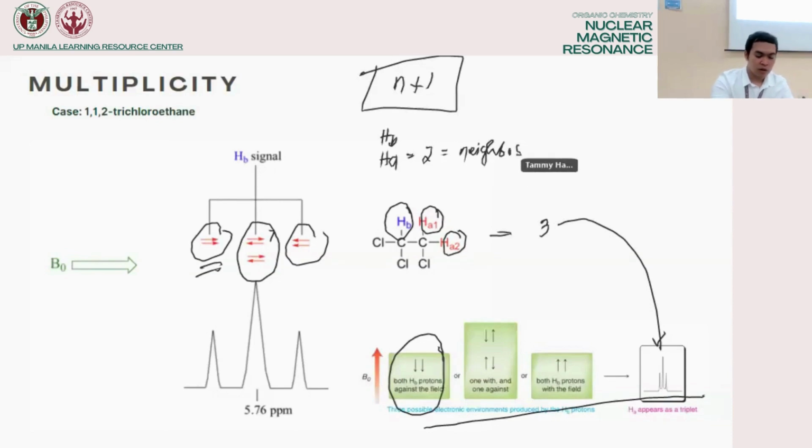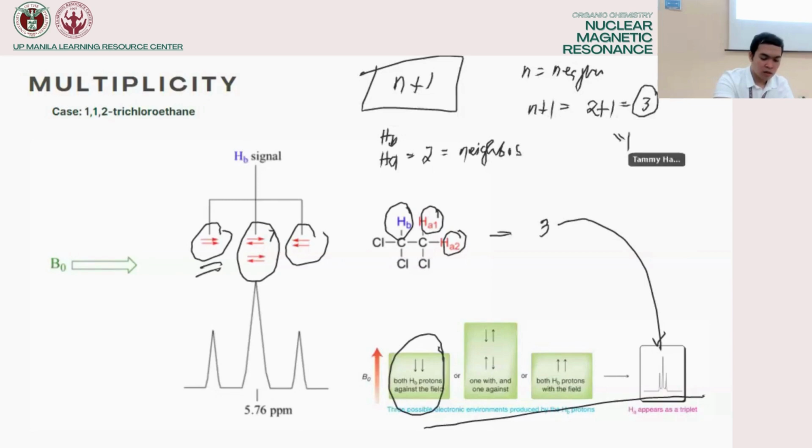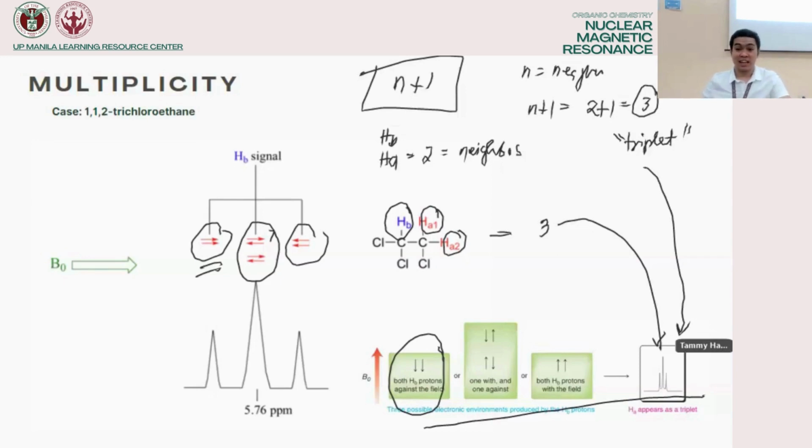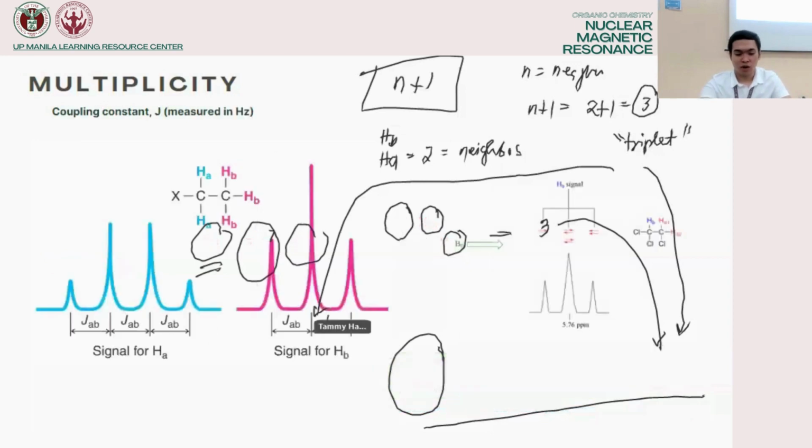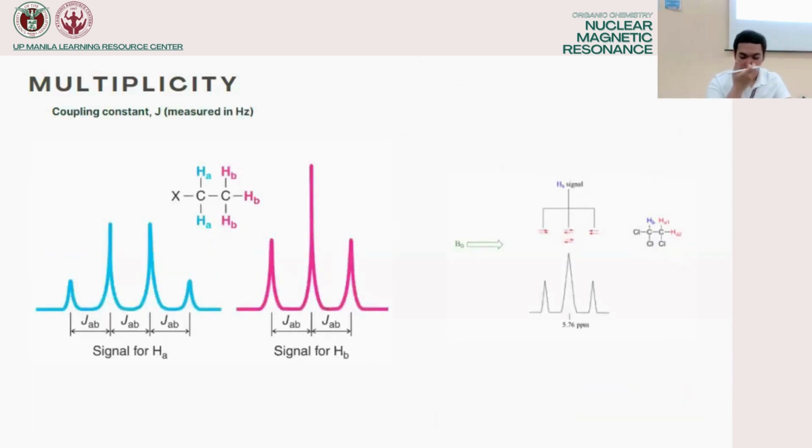We said n equals neighbors. So n+1, 2 + 1 equals 3. This is a triplet. Hence, the signal is this. Understood? That's what you will see in NMR. Later, we'll discuss more.